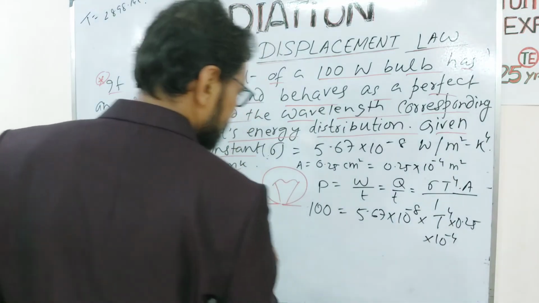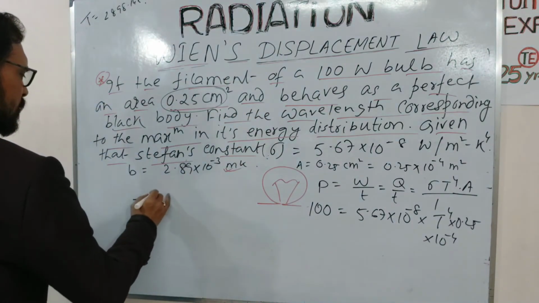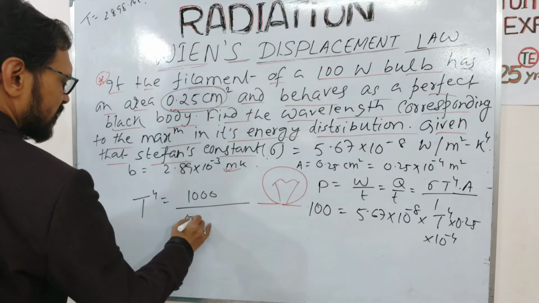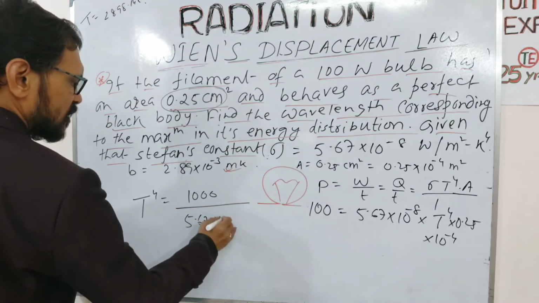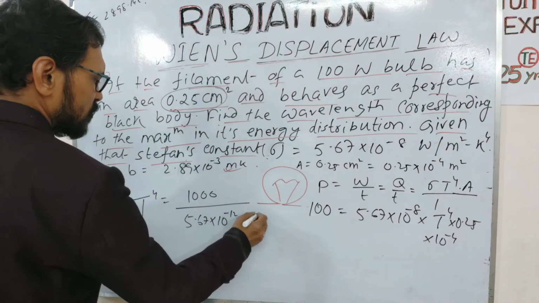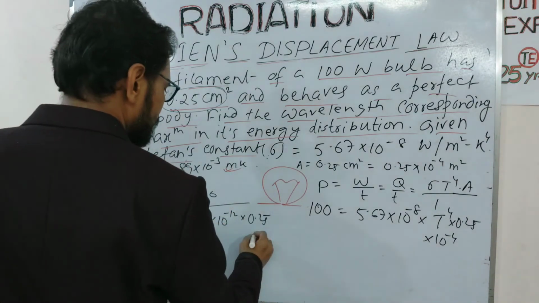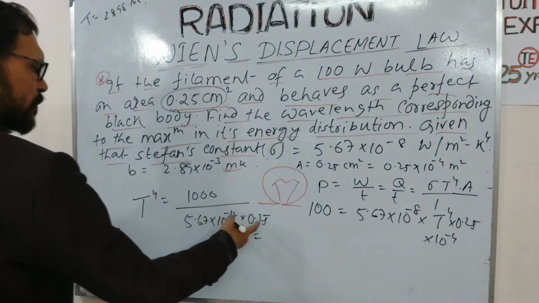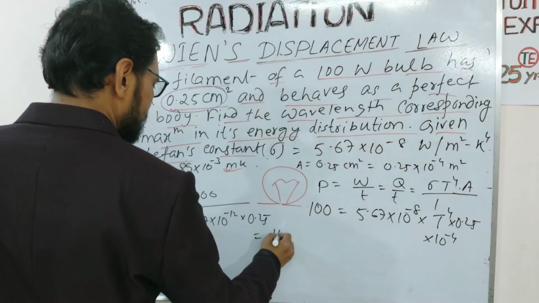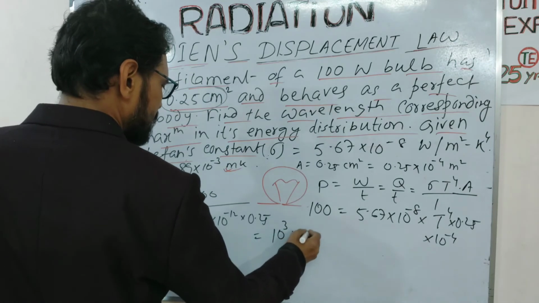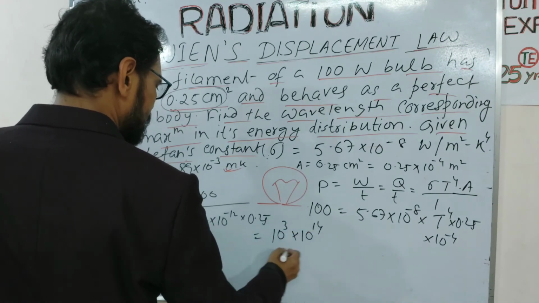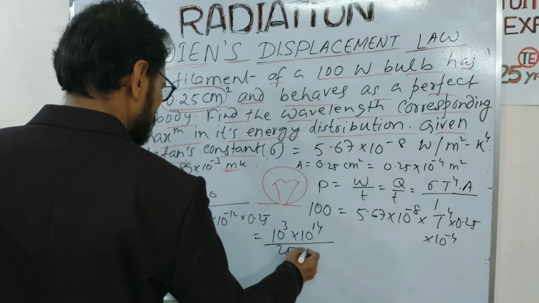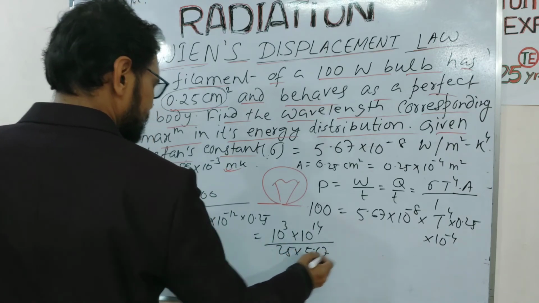So from this we get T to the power 4. T to the power 4 equal to 100 divided by 5.67 into 10 to the power minus 12, 0.25. So this becomes, now minus 12 minus 4, so 10 to the power 14 divided by 25 into 5.67.